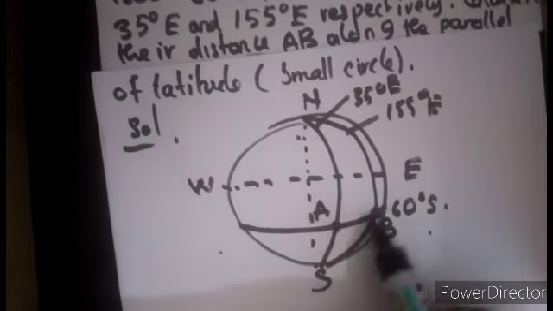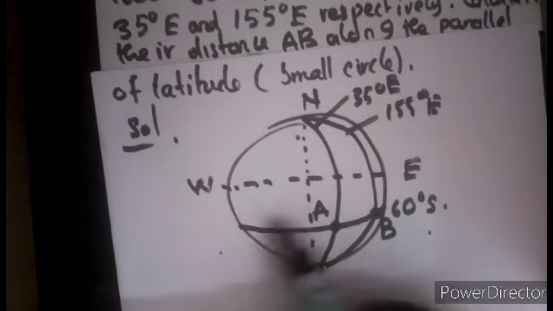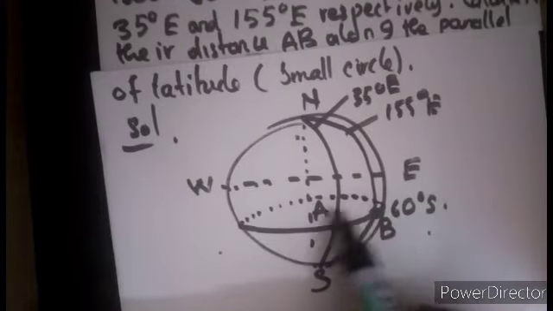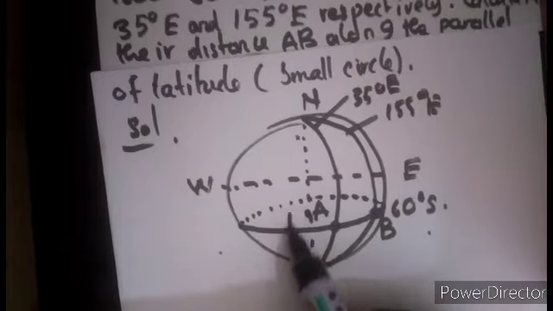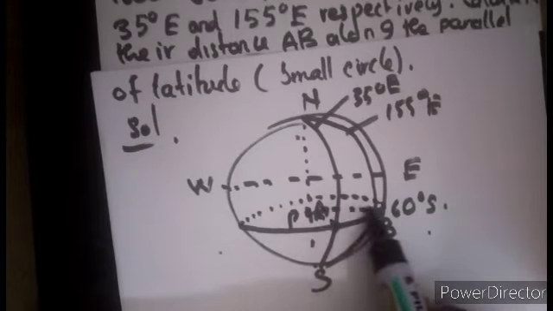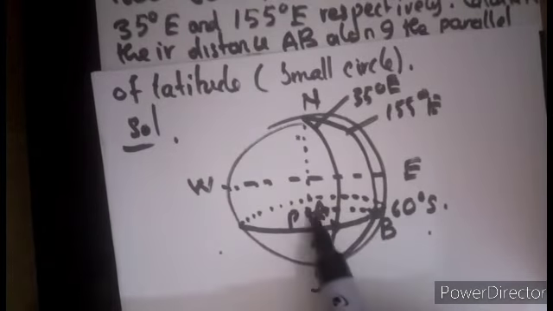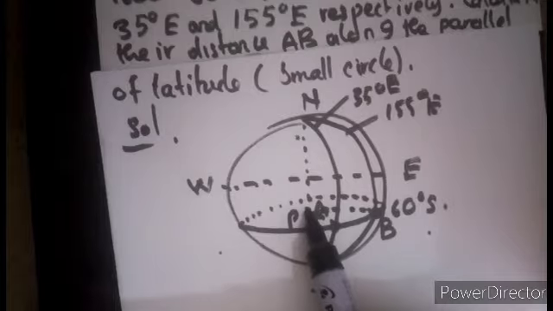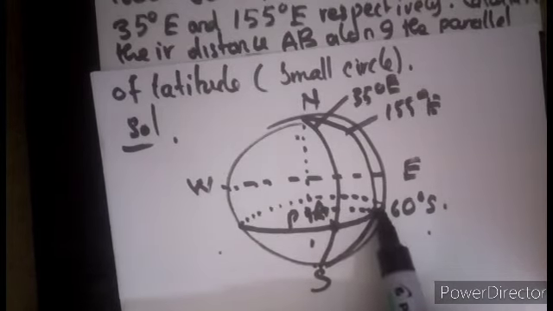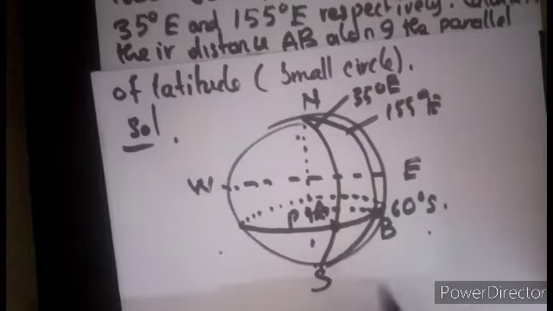We're looking for this. For this small circle, here is the center, P. We first of all need to find the distance between the center P here and any of these points A or B. That's the radius.